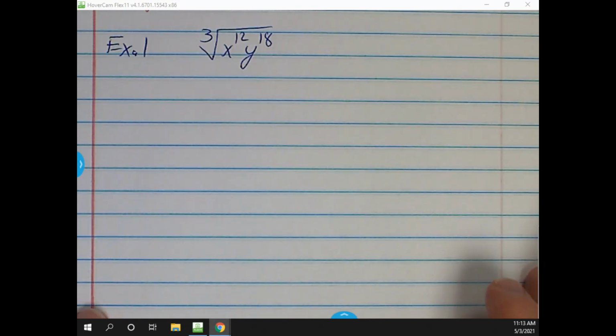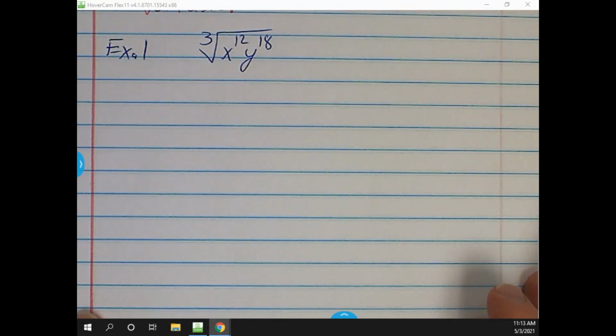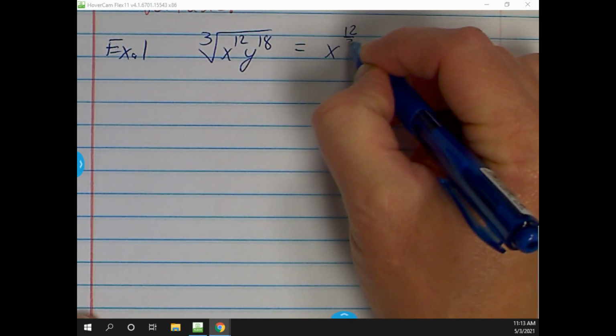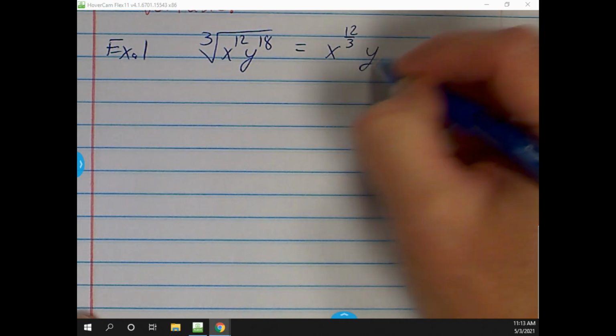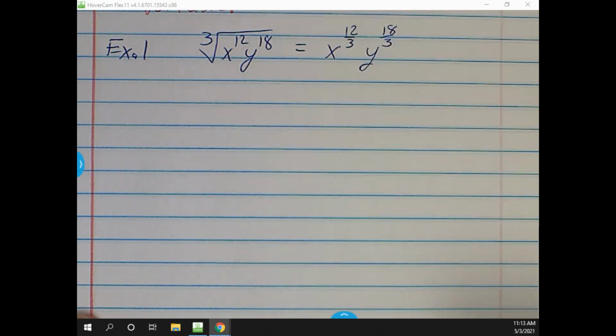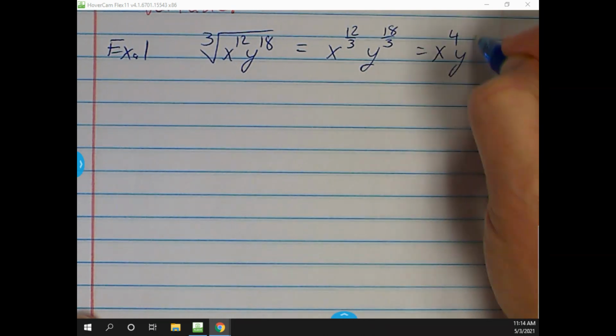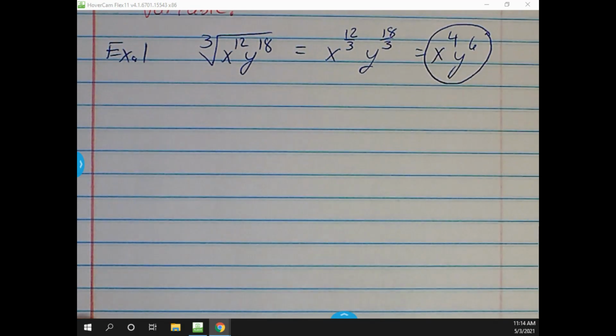So if the index is odd, don't worry about it. Now we're just dividing. We're going to take 12 and divide it by 3. And for the y, we're going to take 18 and then divide it by 3. And you go, well, that's not bad. 12 divided by 3 is 4. 18 divided by 3 is 6. And there you go. And that's just all you have to do for your answers.